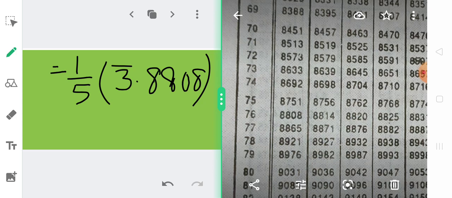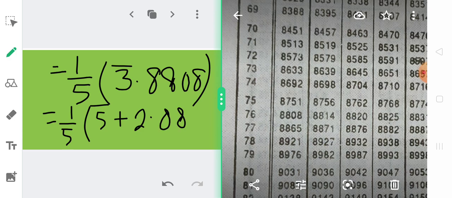Okay. Now, this may be written as 1 by 5 times the quantity. Can't we write this? Read 3 bar as minus 3.